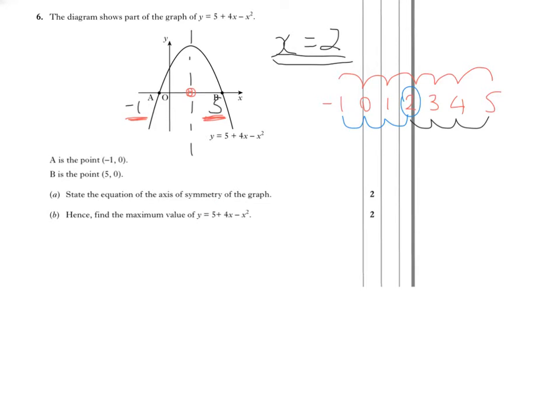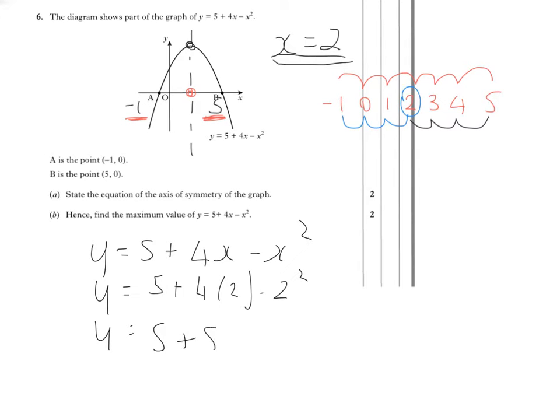So let's try it. y is equal to 5 plus 4x minus x squared is my equation. The maximum value occurs when x is equal to 2, so I'm going to sub that in: 5 plus 4 lots of 2 minus 2 squared.